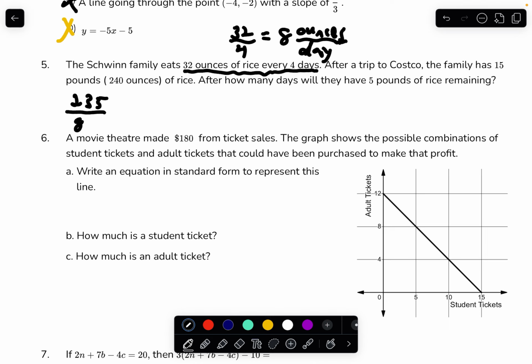So 235 divided by 8, which is going to be a decimal, is 29.4. Okay, it came out a decimal.